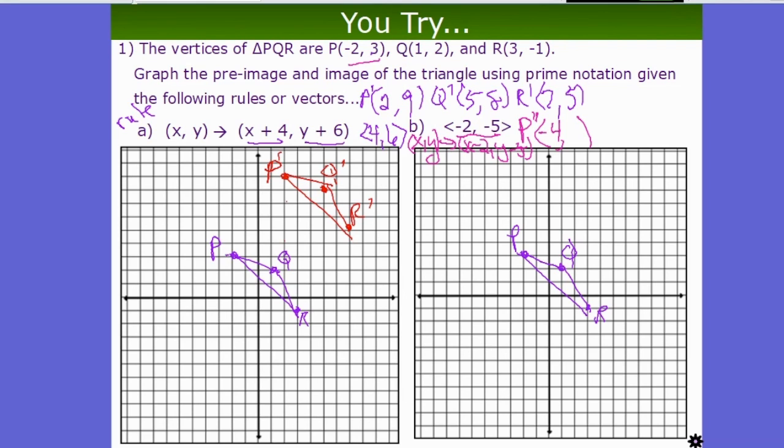And then 3 minus 5, that's -2. My Q double prime for this one, which is -1, 2 minus 5 is -3. And then my R double prime, starting with 3, we subtract 2, that's a 1. And then -5 minus 1, that's -6. Boy, that's a little hard to read. So let's see. Then we graph these, and that would be the image for that particular vector.